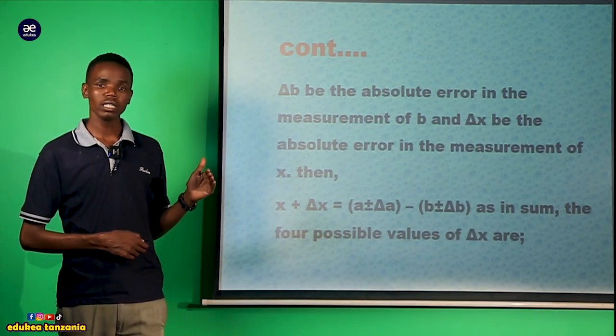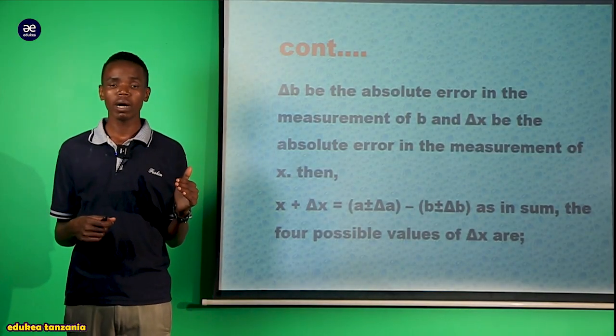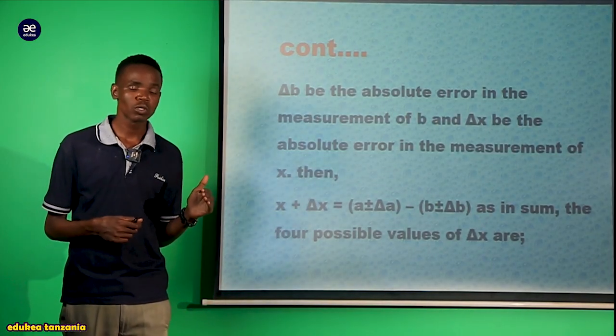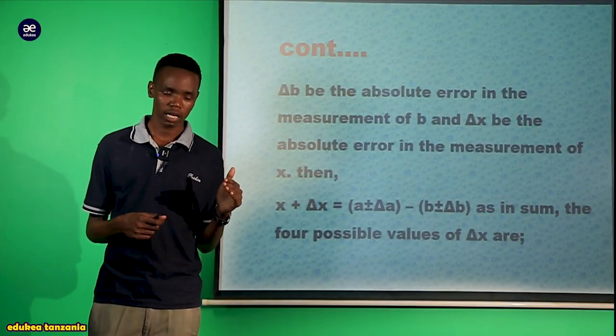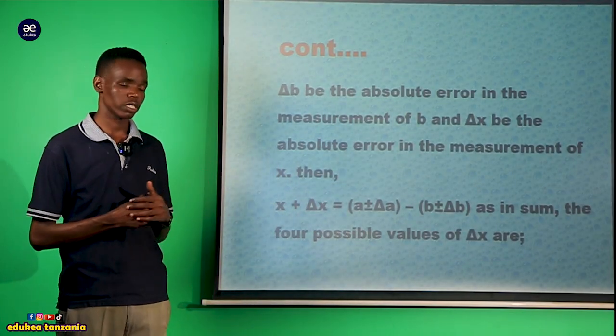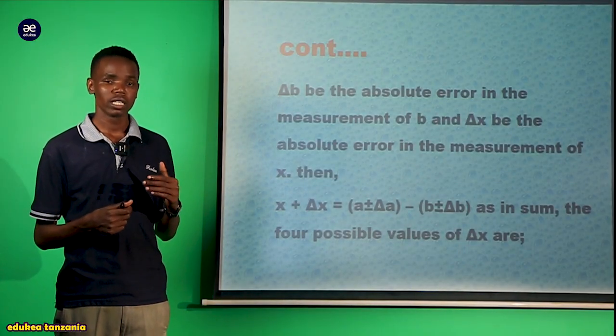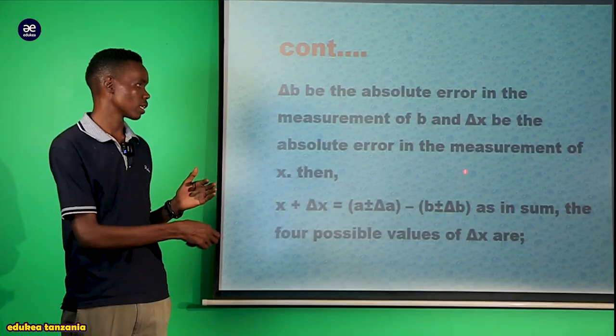And also this change of x represents the absolute error in the measurement of x, because during the measurement of x, the error that occurs will be represented by this symbol.